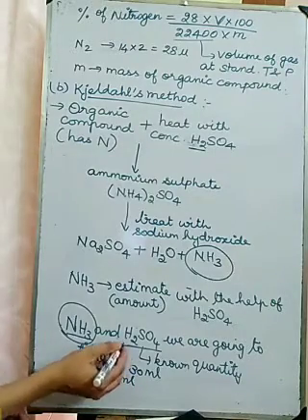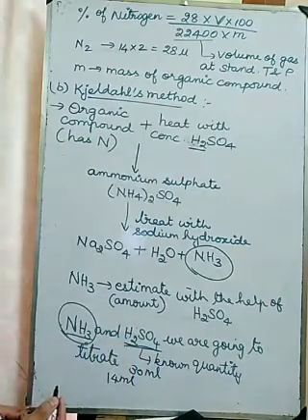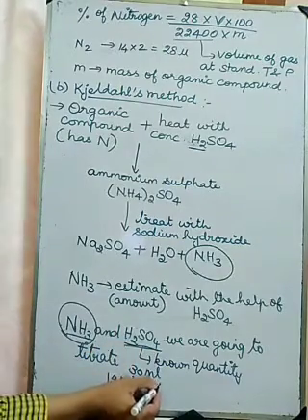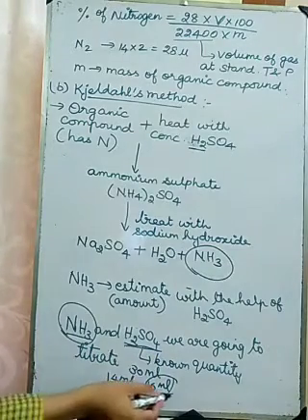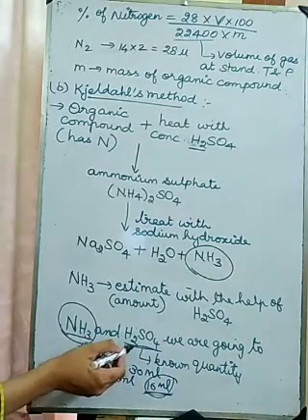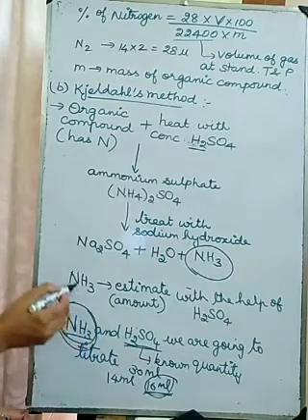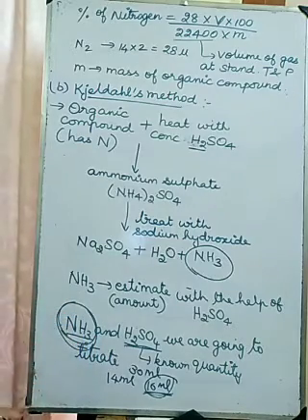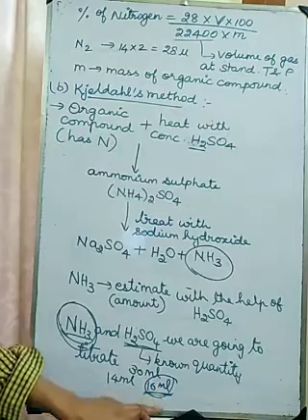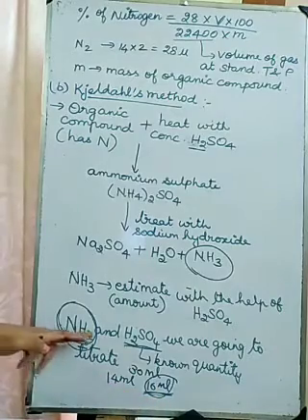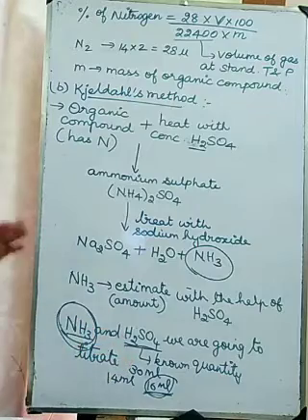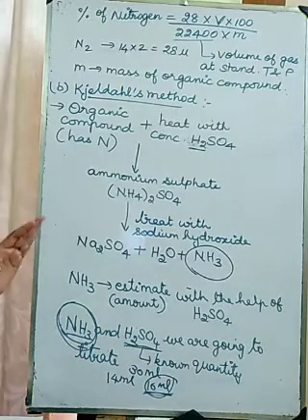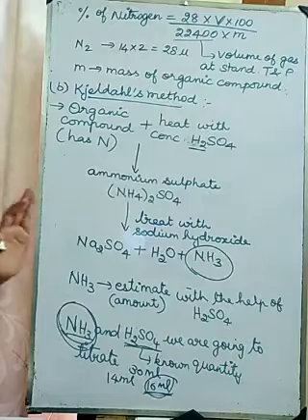How much sulfuric acid will be left out? 16 ml will be left out. From the left out sulfuric acid we can find out how much ammonia has reacted. Understood? So this is how you will estimate the amount of nitrogen in Kjeldahl's method.